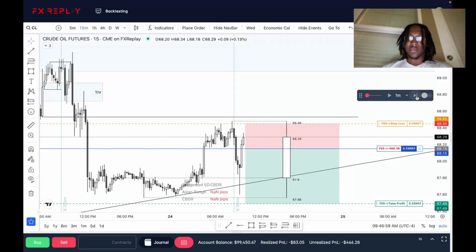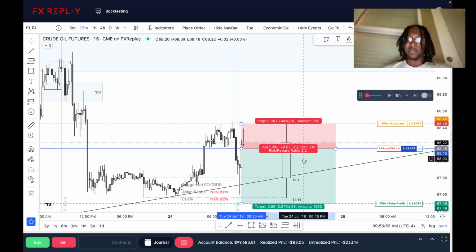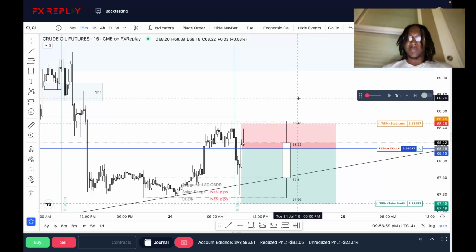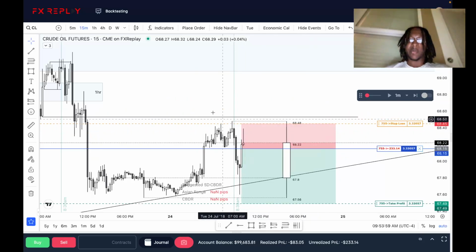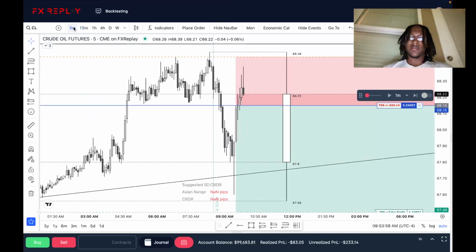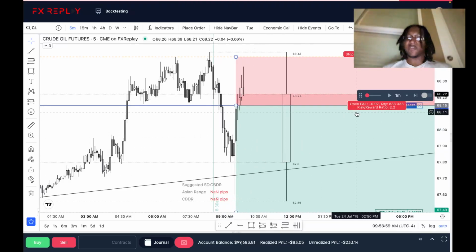Price enters a little bit of drawdown. Still in a little bit of drawdown. Finding some resistance here with this gap inside of there. I want to see price come back down. So this fair value gap is 34.